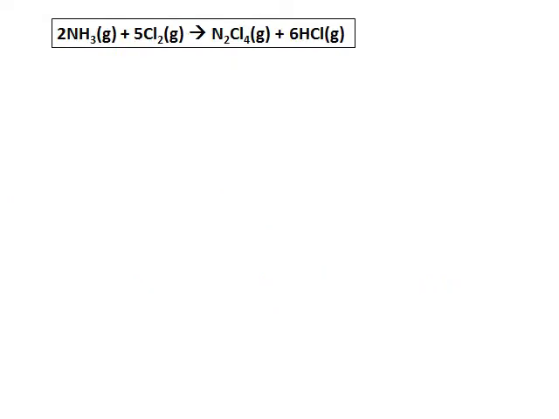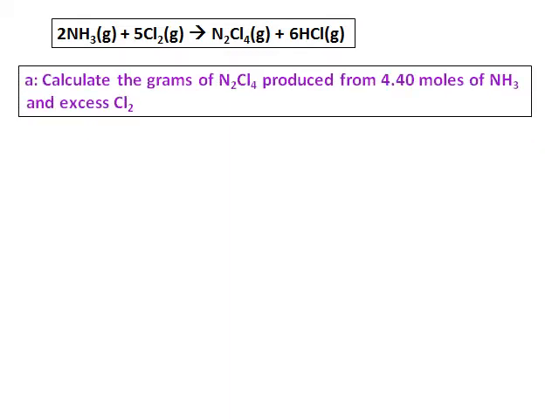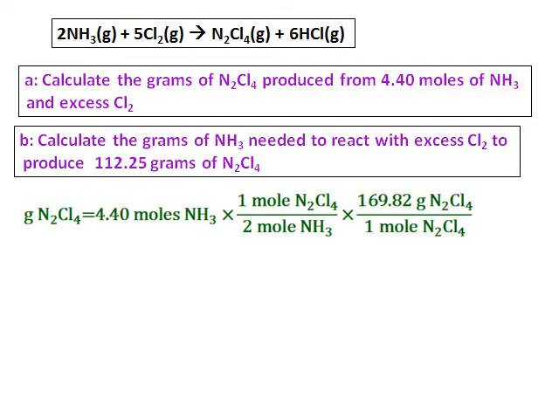The equation is ammonia reacting with chlorine to give you N2Cl4 and HCl, and they have asked you to calculate the grams of N2Cl4 produced for a particular number of moles of ammonia and excess chlorine, and also the grams of ammonia needed to react with excess chlorine. For the first part, we need to know how much N2Cl4 will be produced from 4.40 moles of ammonia.